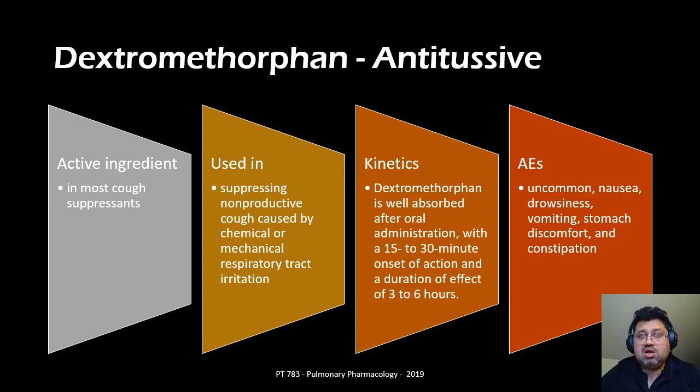It is uncommon to have significant side effects. However, the ones that are seen include nausea, vomiting, stomach discomfort, and constipation. Now, remember, these are non-specific signs and symptoms. Could be from various other reasons, not just dextromethorphan. So it may be a little hard to pinpoint it to be related to dextromethorphan.